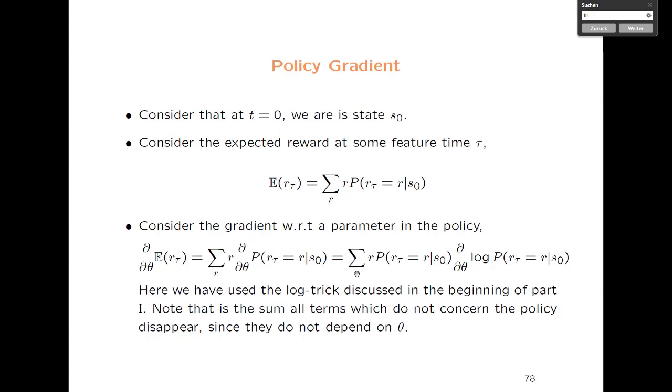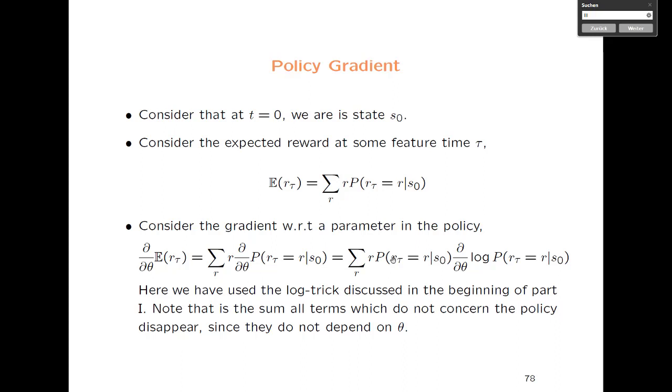And this can be written in this form, and here we are using the log trick discussed in the beginning, because the derivative of something with respect to the parameter is the derivative of the log of the argument times the argument. I discussed this in the very beginning of the slide set.